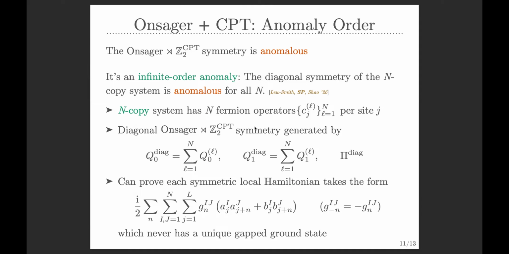Now, if you didn't enforce CPT, you would not have this constraint on Gn. And without that constraint on Gn, taking big N to be 2, there's some gap term that gets rid of it. But that term does not obey this condition. And with this condition, you can show that for all big N, this Hamiltonian is always gapless. So it never has a unique gapped ground state. And therefore the Onsager times CPT symmetry has an infinite order.